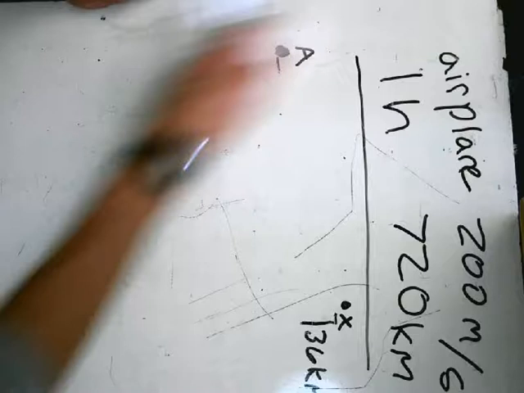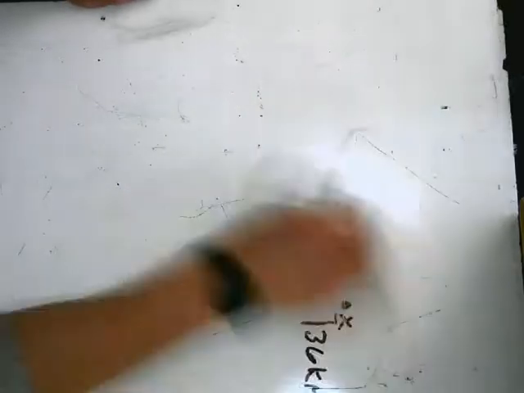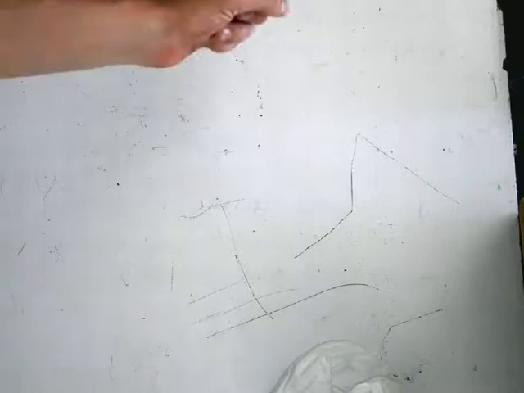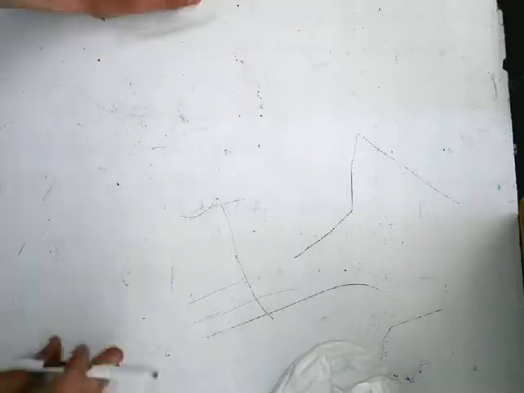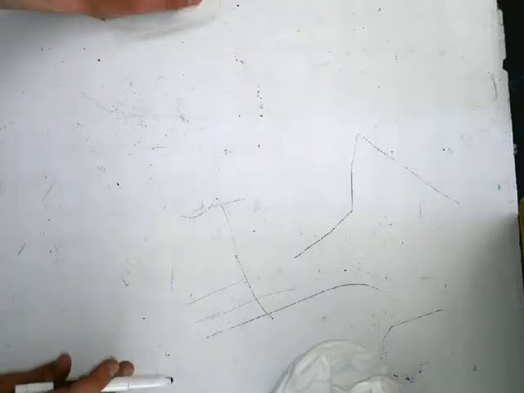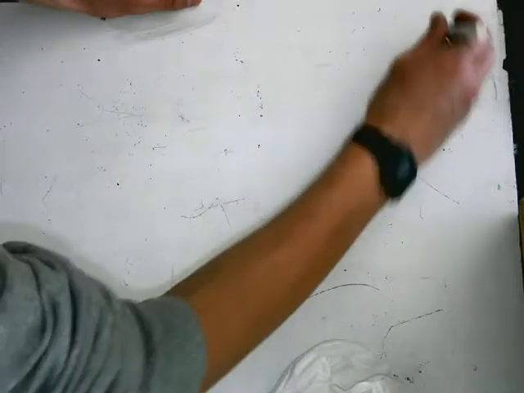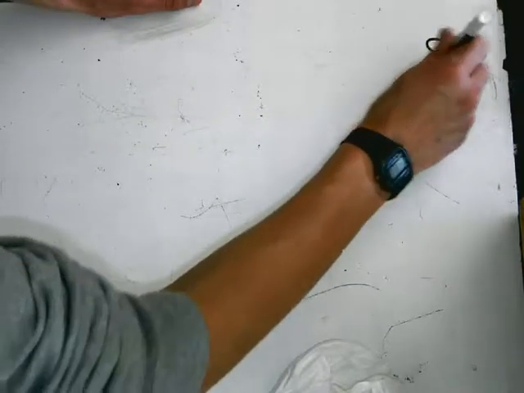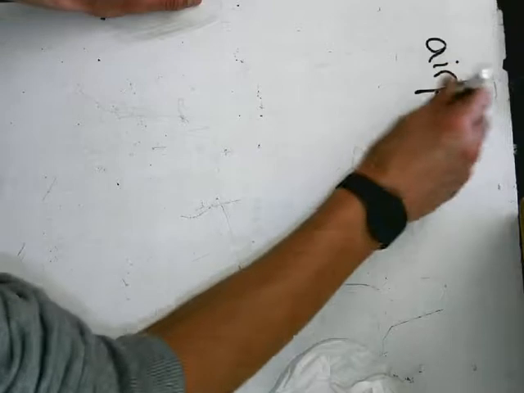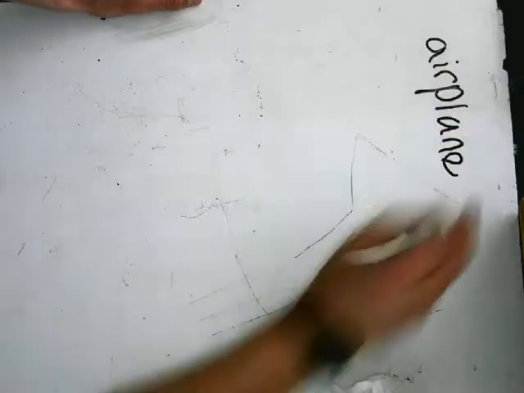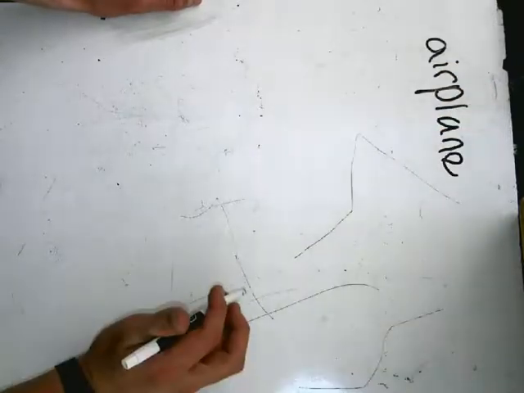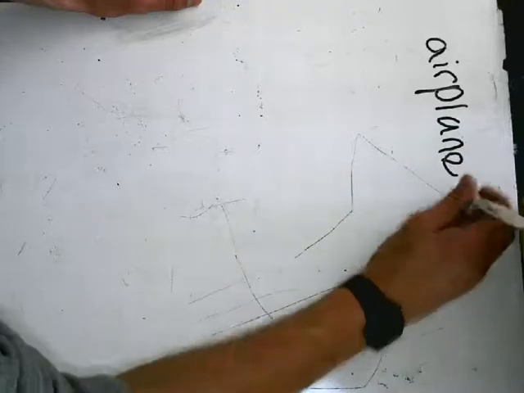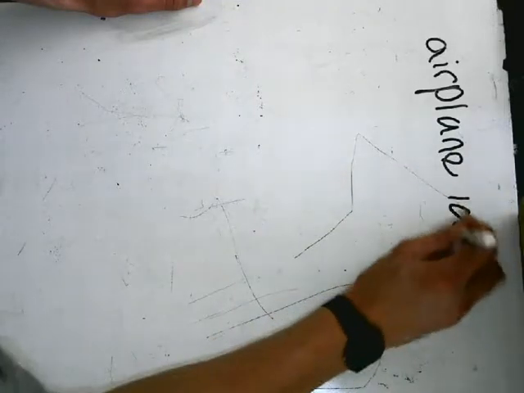This airplane is deploying parachutes within this zone, A and B. This is 3,600 meters, let's say. It's an easy enough quantity to work with. So, let's also say the plane is 100 meters above the ground.